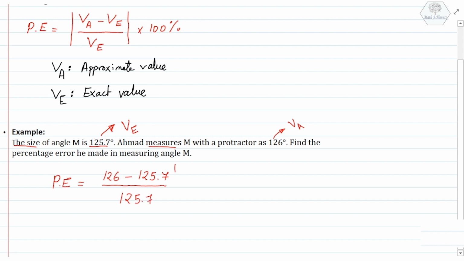I take the absolute value for this amount. Absolute value means I always take the positive value, and I multiply this value by 100 to get a percentage.